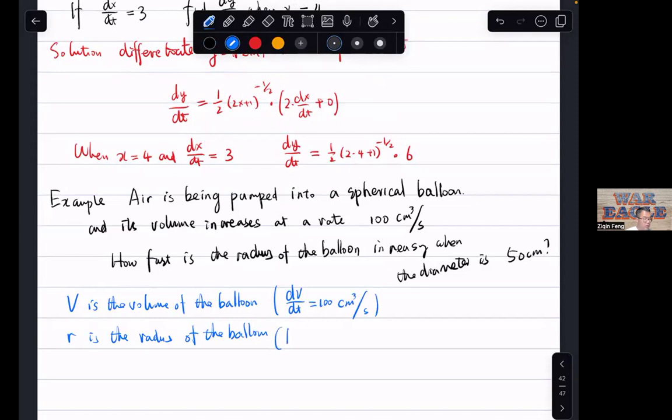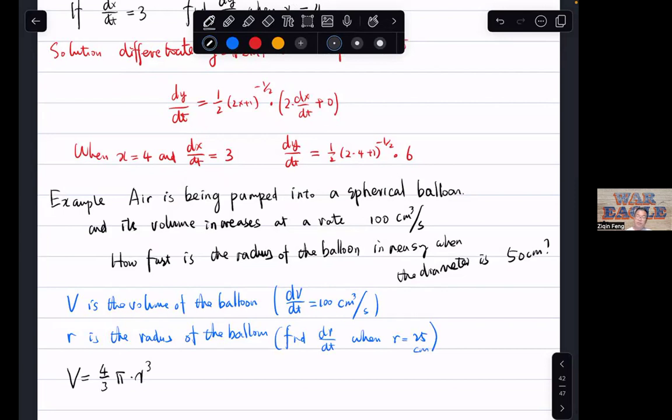We want to find dr over dt when r is 25, because the diameter is 50, so the radius is 25 centimeters. We want to make the connection between V and r. By their relation, V is 4/3 pi times r cubed. That's the volume formula for a ball.